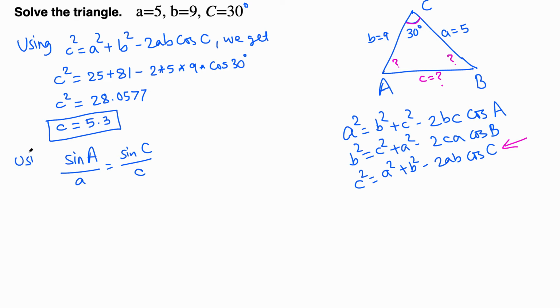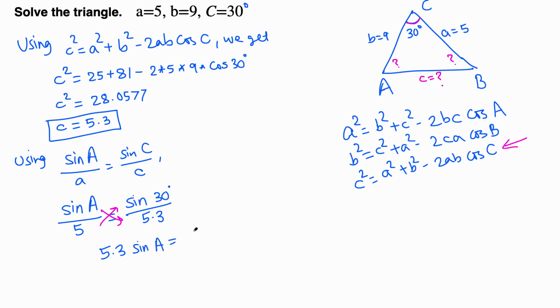So using this, sine A, unknown, over a, which is 5, equals sine 30 all over c, just found, 5.3. Whenever we have a fraction on each side, we always cross multiply to solve. A is unknown, so I want to write this first: 5.3 times sine A equals 5 times sine 30.